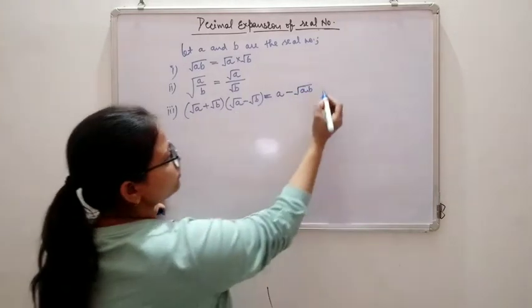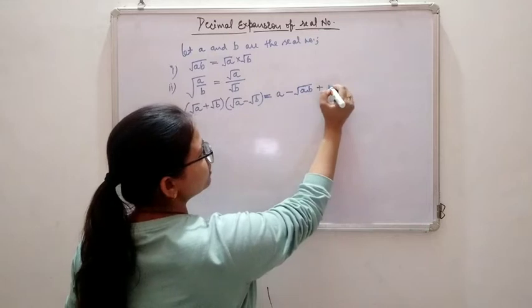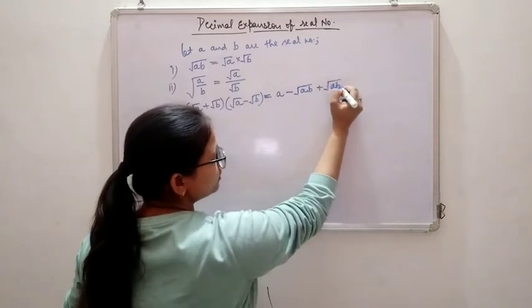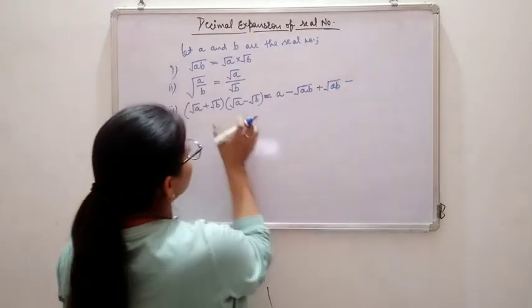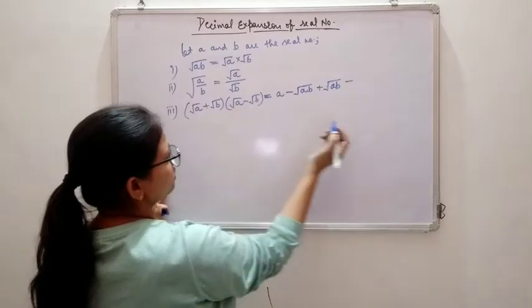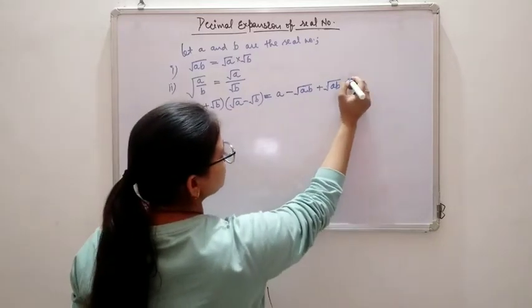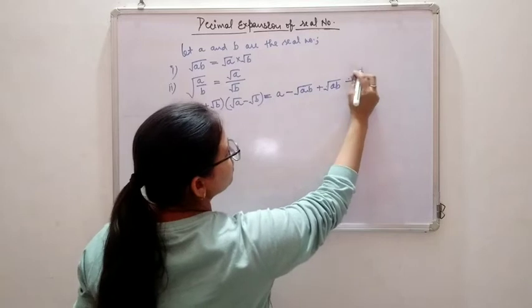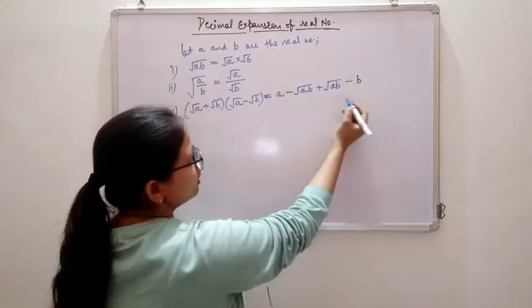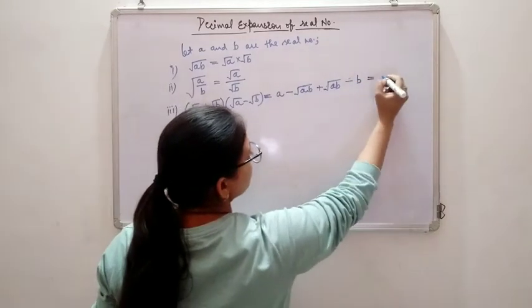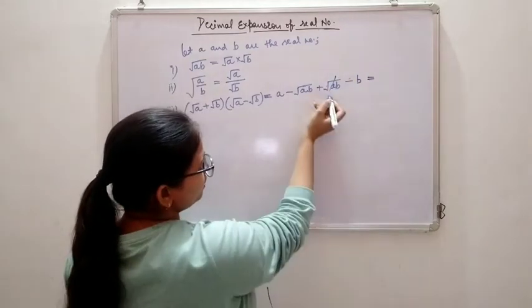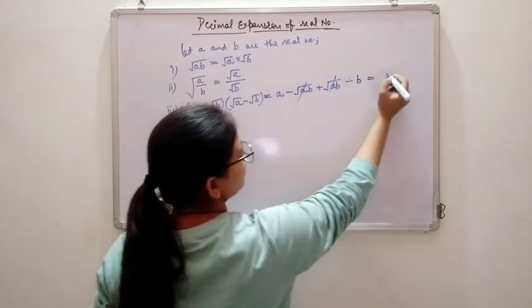And the multiplication of root B and root A will be root AB, right? And the multiplication of root B and root B is minus B. Clear? So what is the final result? This root AB is cancelled by negative root AB.